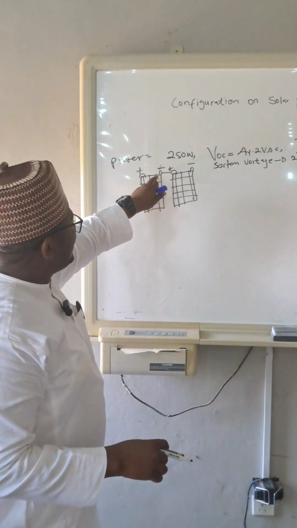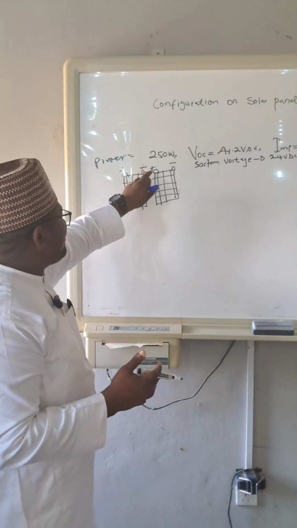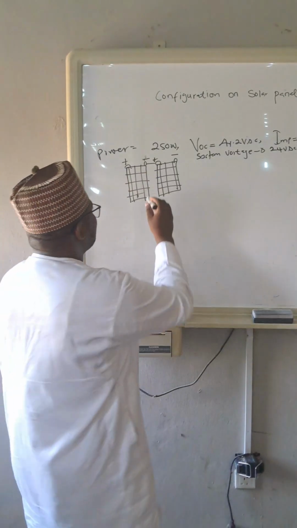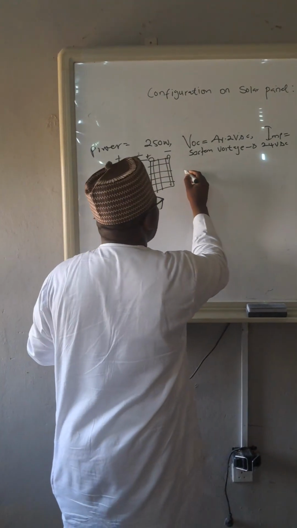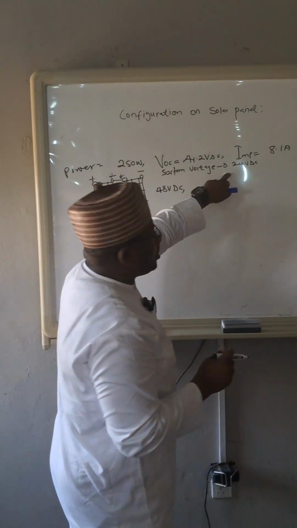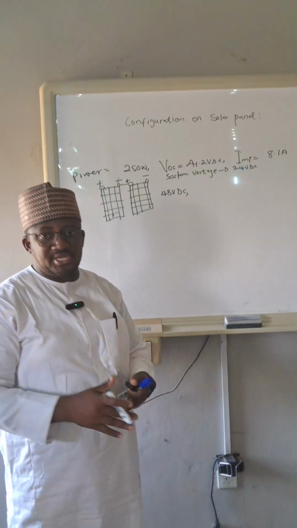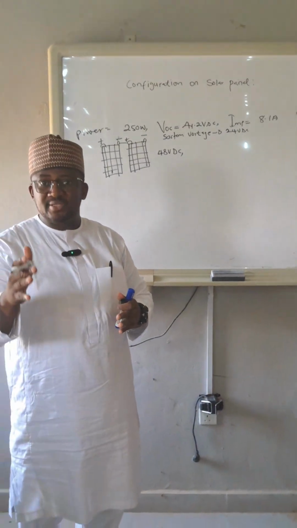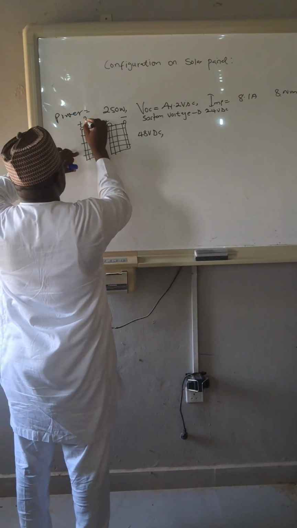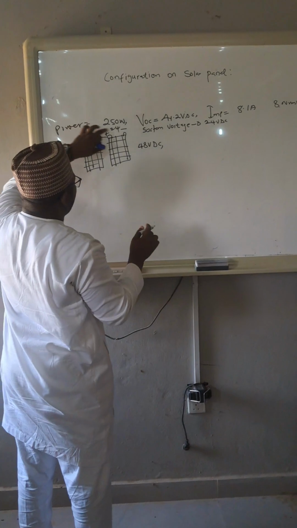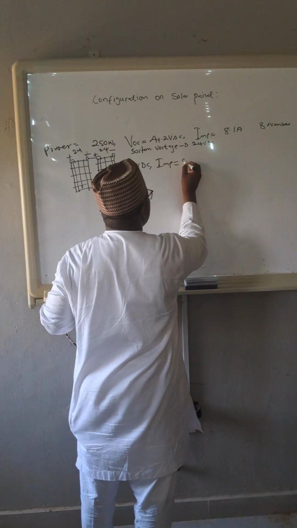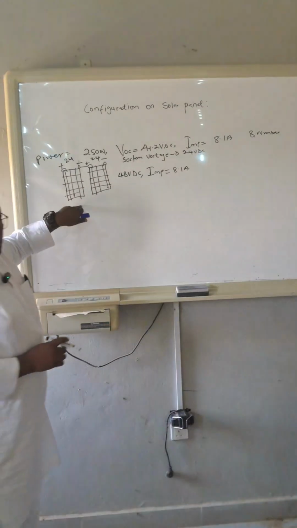Because when we connect unlike poles, that is negative and positive, of different solar panels, we have attained a series connection, which means the system voltage now has become 48 V DC. How about the current? The current will remain constant because in series connection, current is constant while the voltage is added. Since each panel is 24 volts, 24 plus 24 gives us 48, and our IMP remains 8.1 amps for these two.